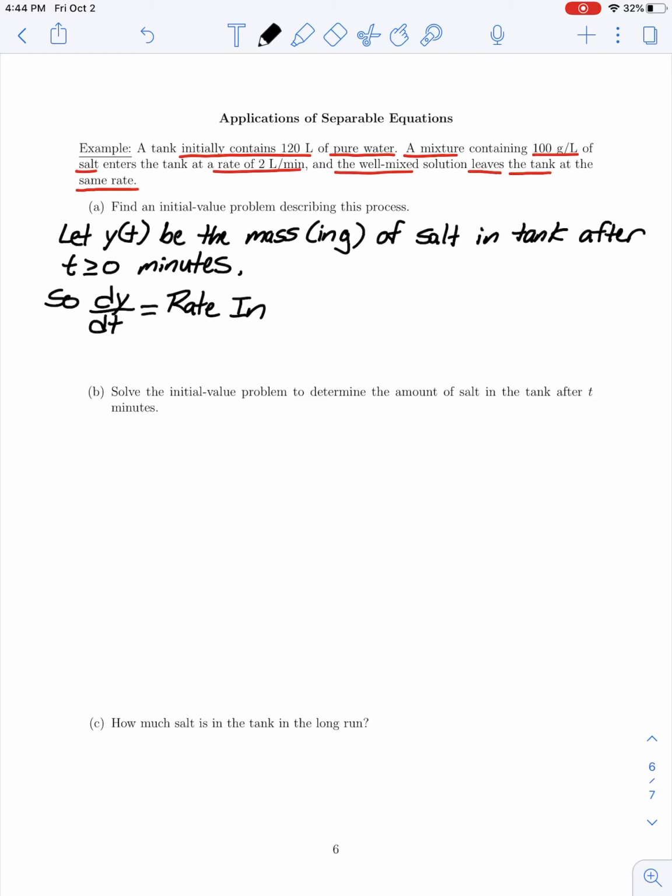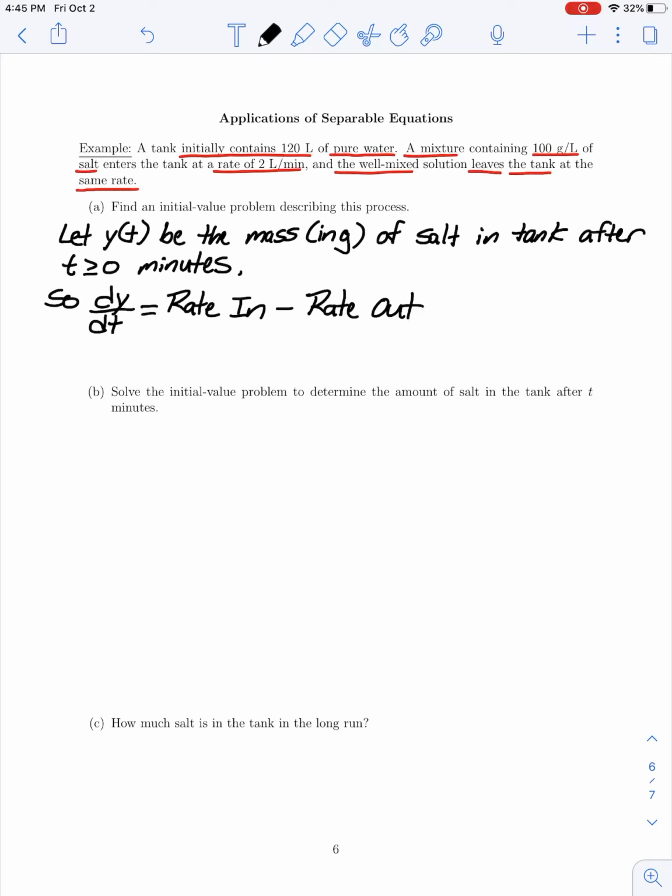So I would have some positive rate at which salt is entering the tank, or an increase in the amount of salt. And then I would have salt which is leaving the tank as this solution flows out. So if salt is leaving the tank, that would correspond to a negative value for the derivative. So we would be subtracting the rate at which salt is leaving our tank to find this derivative, dy/dt.